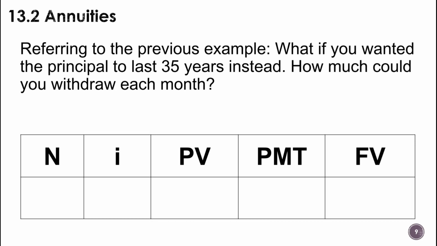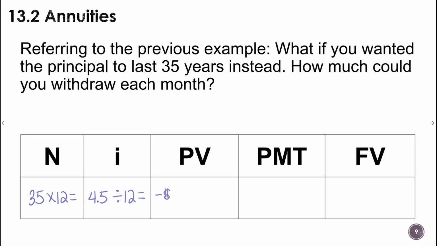Okay, so some of the information is still the same. I'm just going to go ahead and enter it all back in here. So 35 times 12, and our interest rate is 4.5% still. And 35 years is compounded monthly. That's why it was 35 times 12.